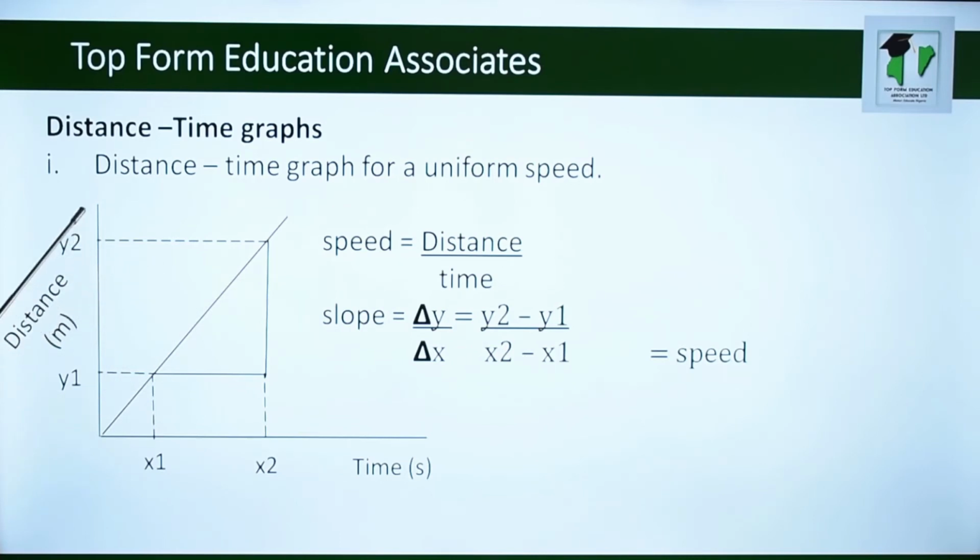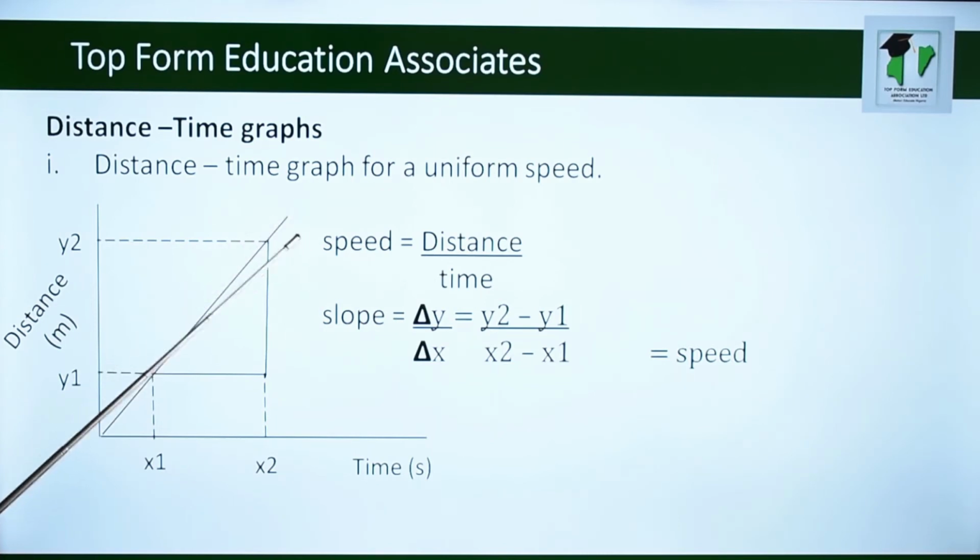Here on the y-axis, you label it distance, and the unit of distance is meters. Make sure you label your axis. On the x-axis you have time, and the unit is seconds.